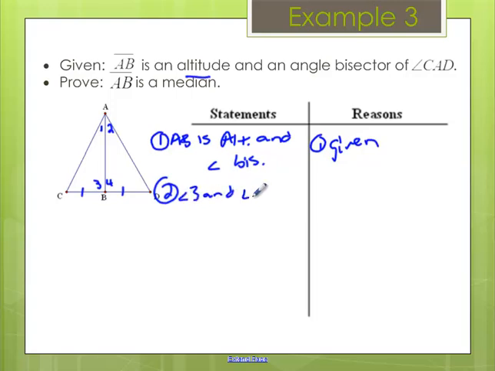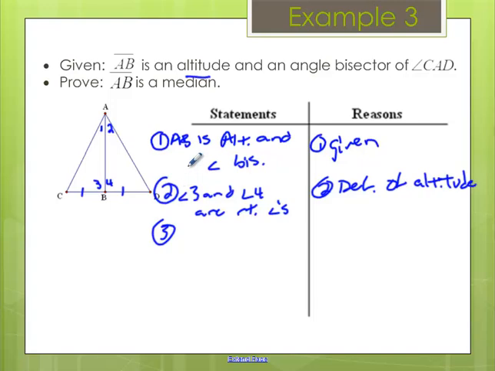So angle 3 and angle 4 are right angles, by definition of altitude. And because they're both right angles, I know that they're congruent to each other, because all right angles are congruent.